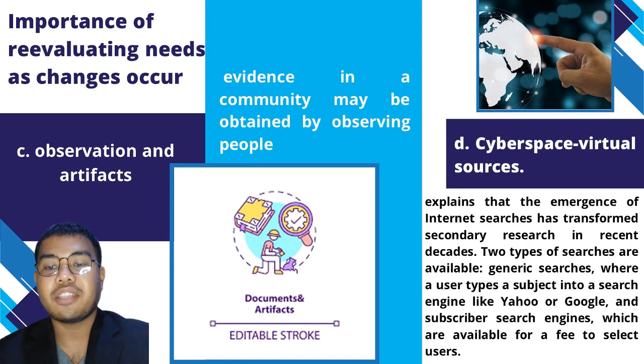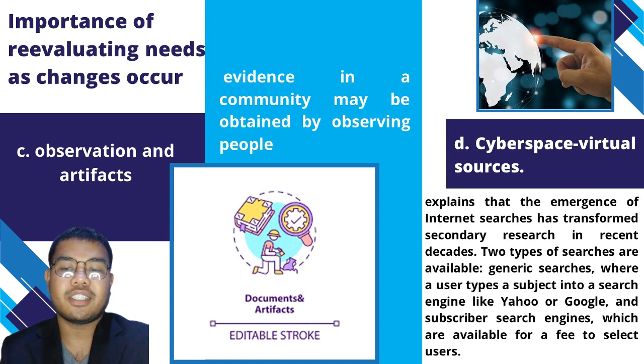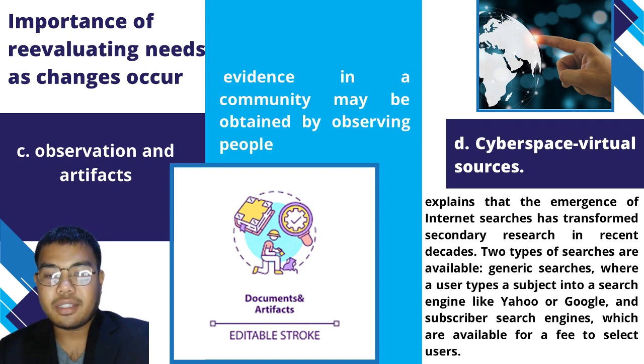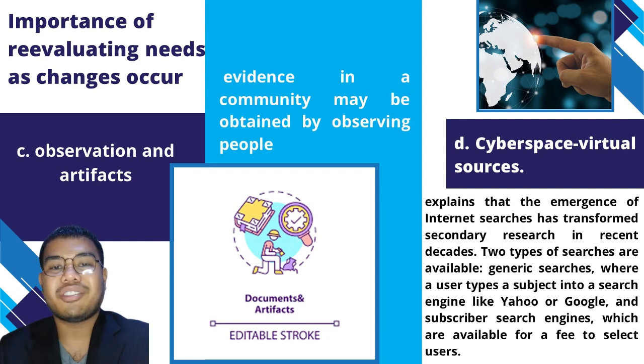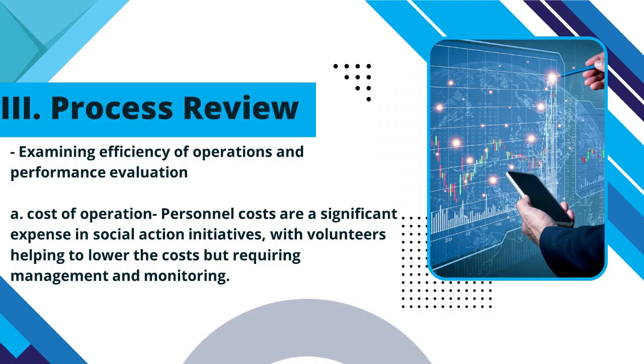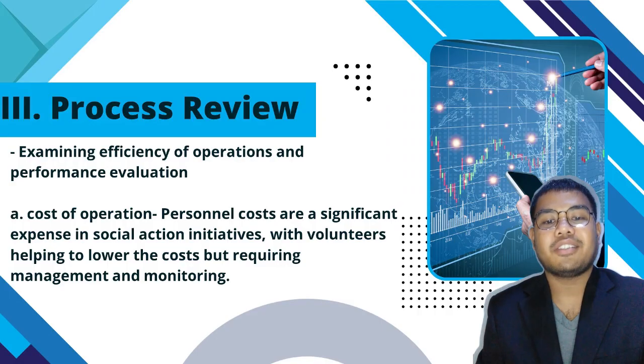Then the cyberspace or virtual sources: the emergence of internet searches has transformed secondary research in recent decades. In the cyber or virtual sources, you will determine through various research and through the help of linkages or other researchers, it serves as secondary research to support your study or your main path.